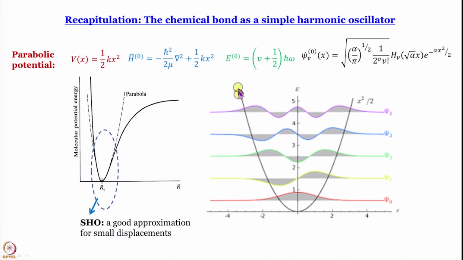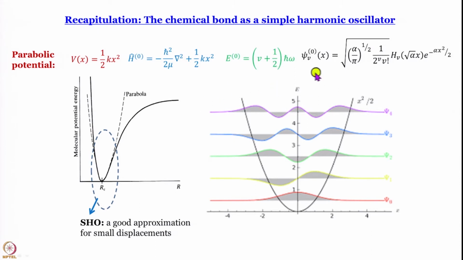This is your unperturbed Hamiltonian for simple harmonic oscillator. Energy of which we know is v plus half multiplied by h cross omega. You can change this to h nu because h cross is h by 2 pi, omega is nu into 2 pi. So, this 2 pi, that 2 pi cancel, and you can write h nu. Did I say h omega? That is wrong, sorry about that. So, h cross omega is the same as h nu, and remember h nu what it is, I think all of us know.